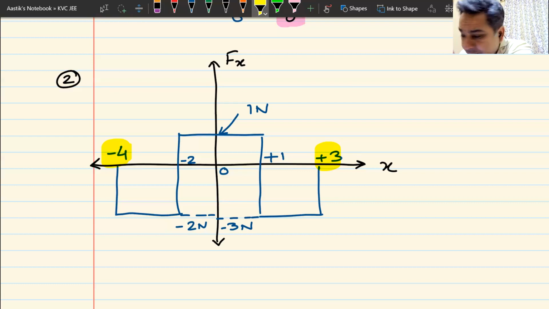Okay. Has everyone done this? Now, you just need to find the areas, right?